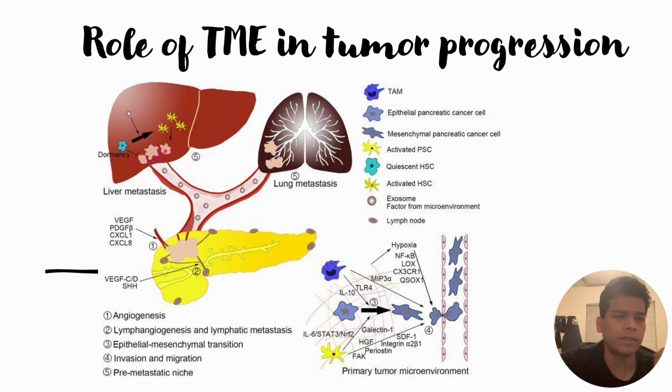So similar things will start to occur in the liver when the tumor cells reach from the pancreatic cancer to the liver, and same things we can observe in the case of lung metastasis.